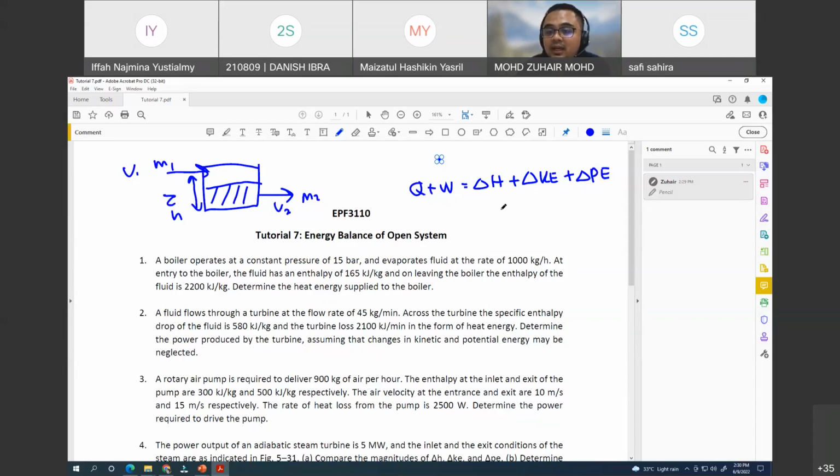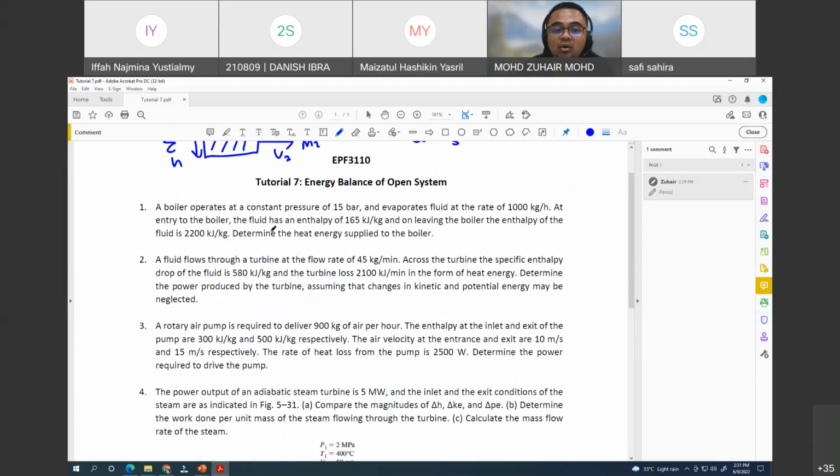And the work is referring to the work of shaft. That's why for the open system we use more or less the same general equation, but the calculation will be a bit longer because we have to calculate each one by one. But as long as you know how to calculate the potential energy, the kinetic energy, and so on, it will be okay. So we start with the first question.